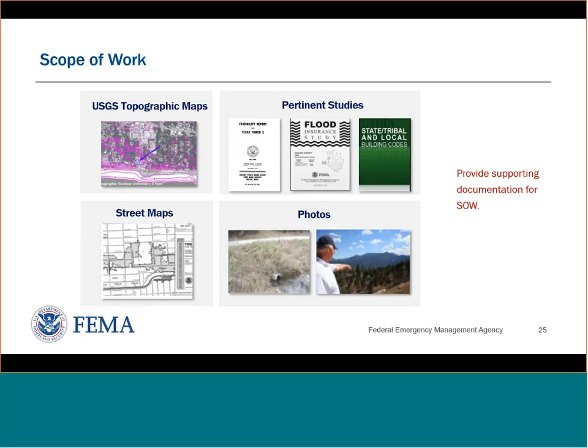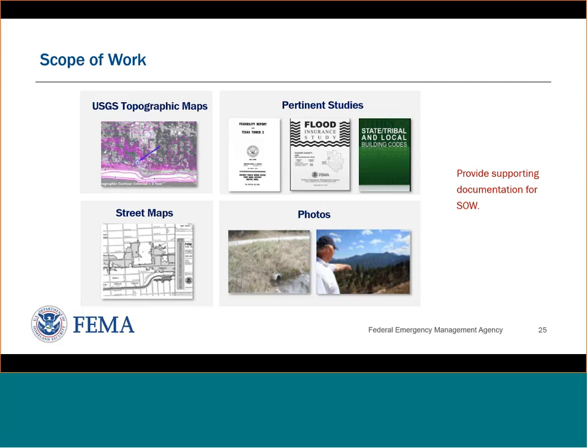So you can support your scope of work through documentation. Some examples of documentation that you might want to provide would, first of all, be photographs, not only of structures that have been impacted in the past, and if you've got damage pictures or watermarks for floods, or pictures of erosion that's taking place in your community.